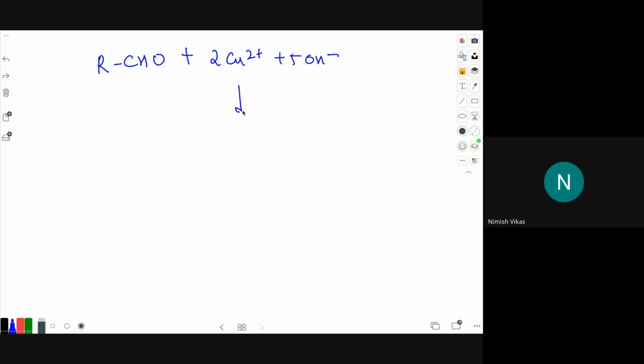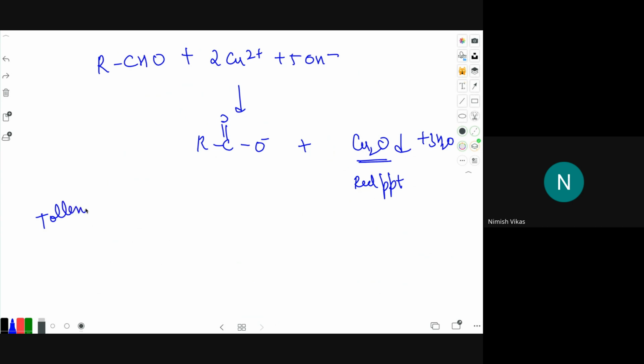This is in the NCERT also, so it becomes very, very important. RCOO negative. So we take a blue solution and we get what? What is the observation? We get red precipitate. Why? Because here Cu2O is formed, which is our red precipitate. Right? And we get 3 moles of water. When we check, for example, Tollens', this was failing, right?